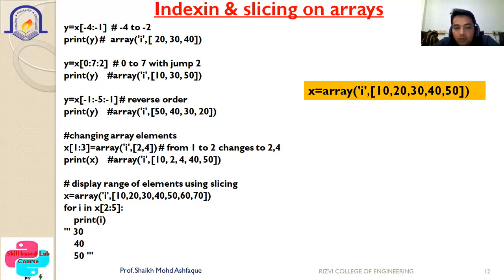So basically it will print from 0, 2, 3 and 4. So you can see that 0, 1, 2, 3 and 4, 30, 40 and 50 are to be displayed. Means here if you want to limit the display, at that time you can use that particular index, that particular slicing. So even if the elements are available inside the array, but still if you want to display only the particular elements which have been specified, you can display them.